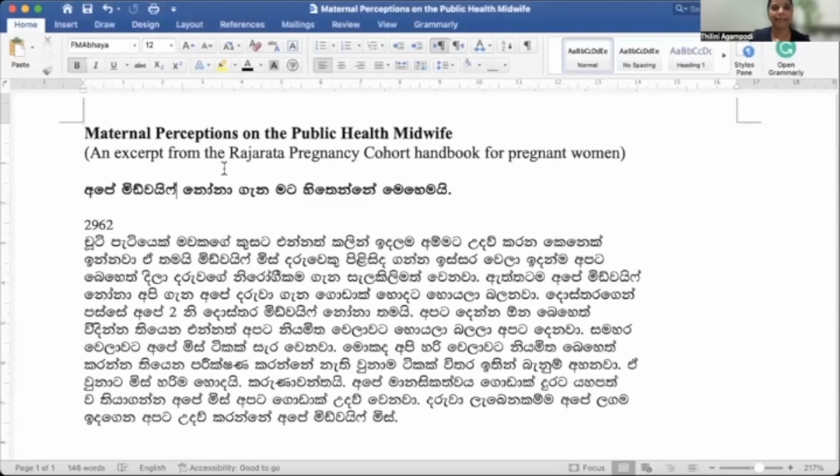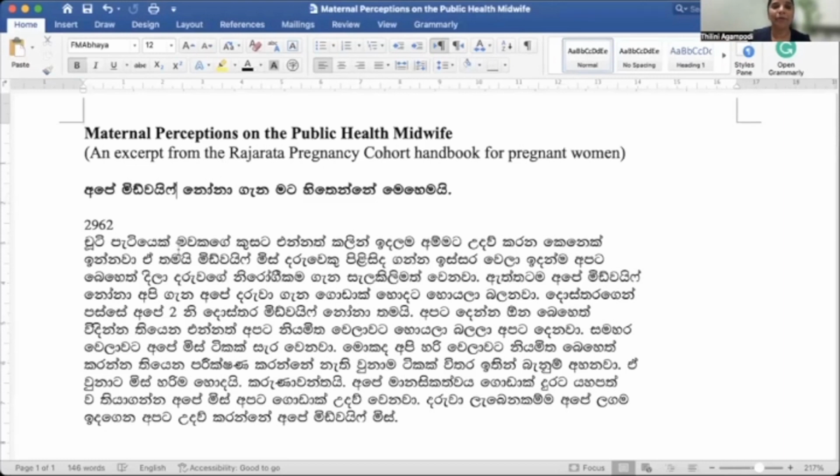I want to take you through a small exercise. I hope you can see this. So this is, as mentioned, the source. The pregnant women of the Rajarata pregnancy cohort got a handbook, and we asked them to write some descriptions in this handbook and tear the pages and hand them over at our follow-up visit, because it was a cohort.